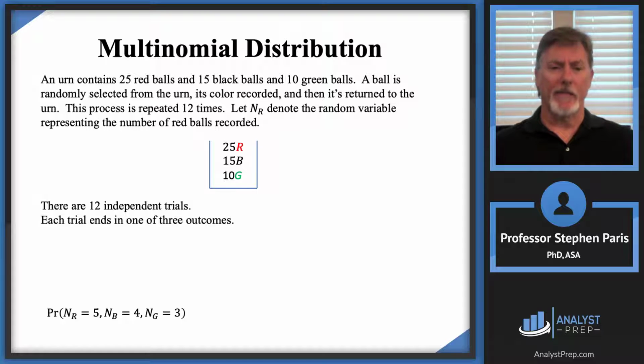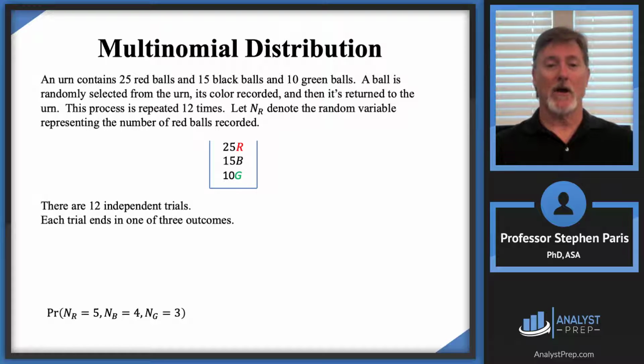So the probabilities that you're asked to calculate would be something like this. What's the probability that cap N sub cap R, the number of red balls, is 5? And I'm sure you can see my notation. So this probability would be, what's the probability that 5 red balls, 4 black balls, and 3 green balls were recorded? So this was done in that previous video that I mentioned before, the replacements example video.